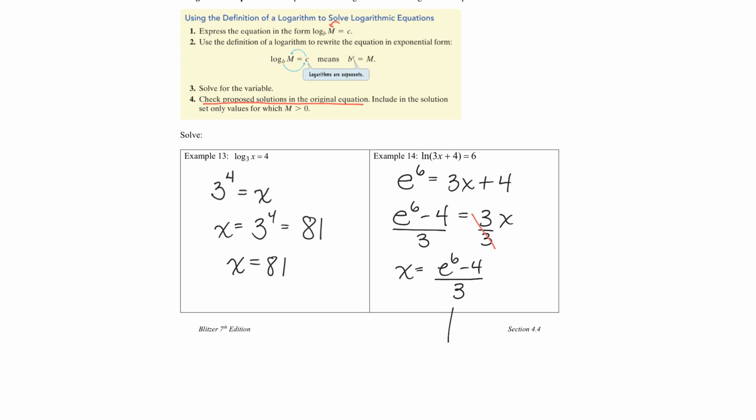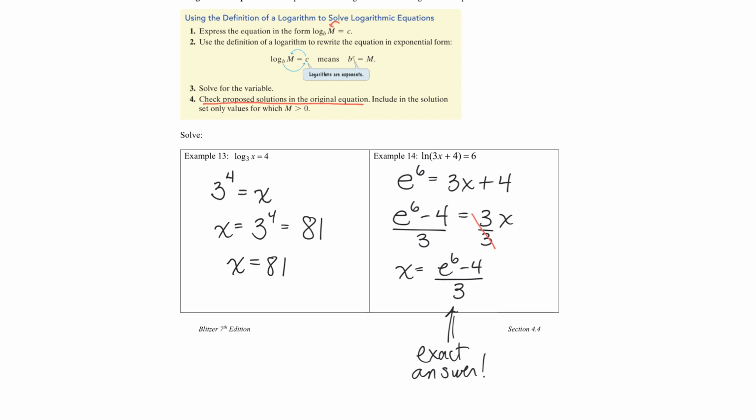Now, this is my exact answer. And in the homework, it's also going to ask you for solutions like this one, where you don't get a nice integer answer like 81. It's going to ask us to give a decimal approximation to two places.